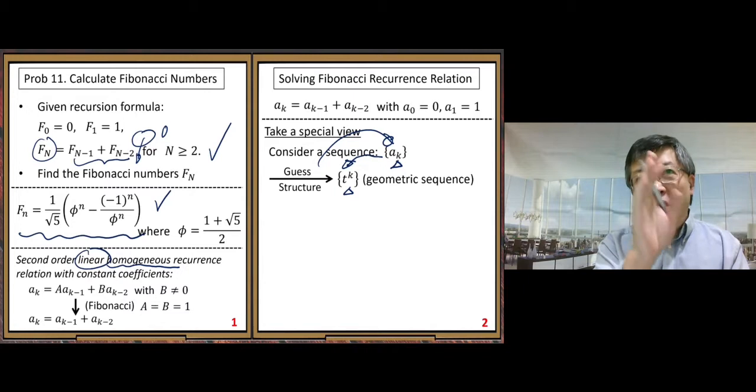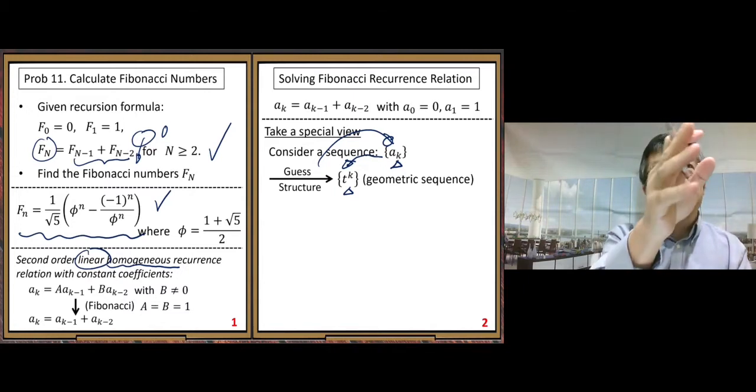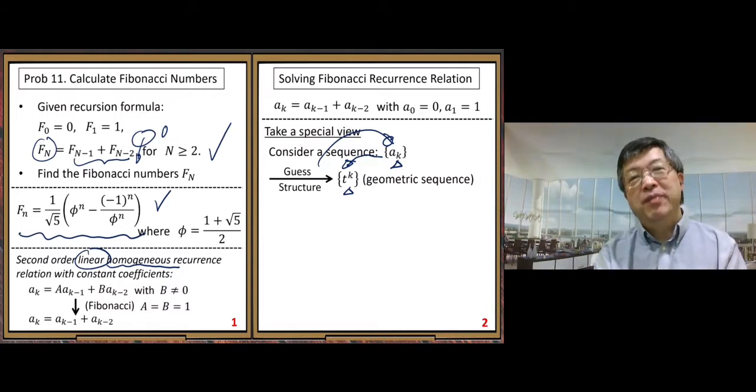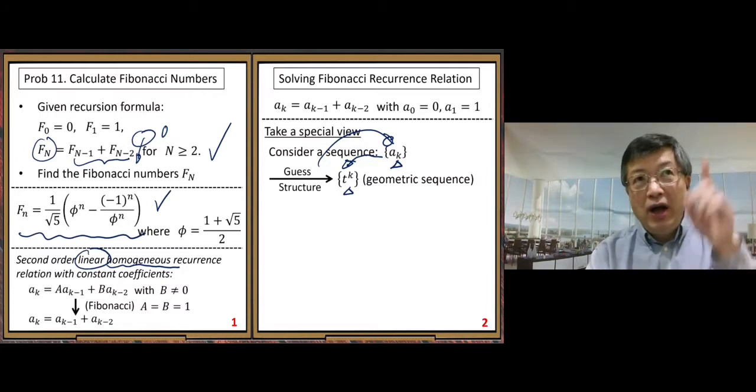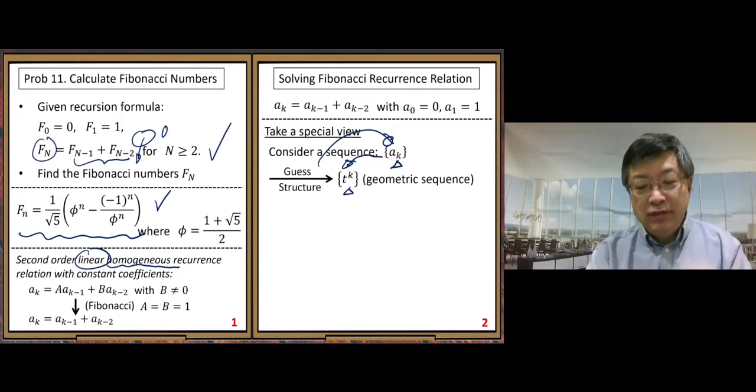I want to go back to the first order homogeneous recurrence relation. So remember, in our Tower of Hanoi problem, we get that D sequence, right?